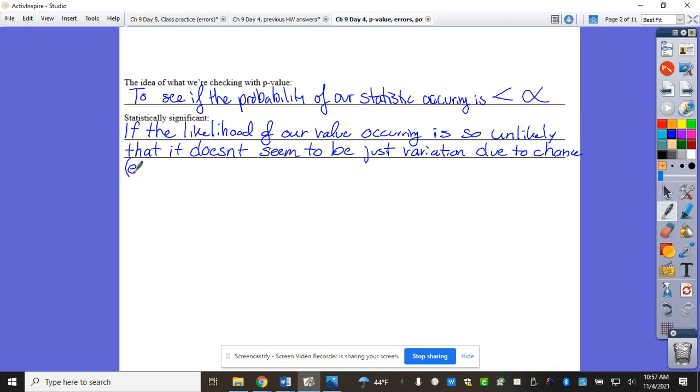Which is evidence towards what? And all this is doing is saying p-value less than alpha. So if your p-value is less than alpha, then it is statistically significant. So this is what we've done. I just hadn't used that term until today. So when we reject the null hypothesis, it's statistically significant. But this is like the idea behind it, why.